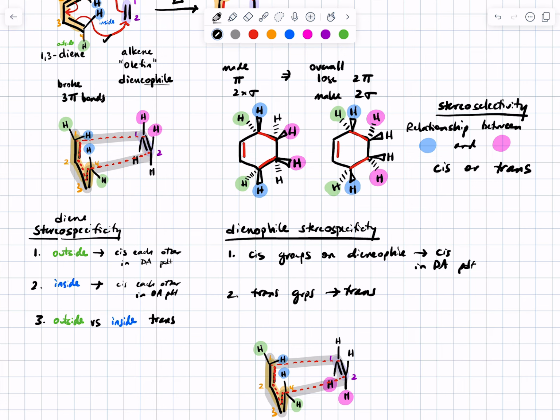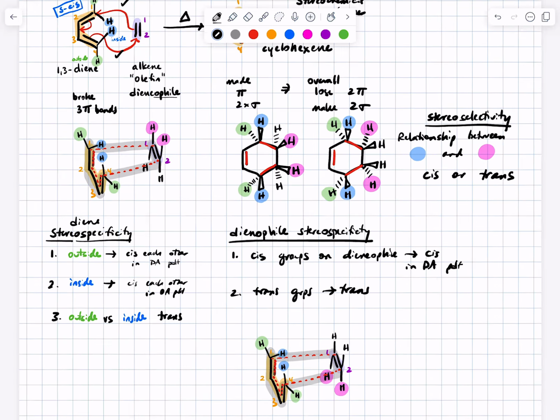So is that like endo and exo? Yes. If you've read about endo and exo, that's the stereoselectivity issue is always the relationship between blue and pink. Yes? Because I was getting a little confused on the difference between like enantiomers and exo and endo. Yes. We'll talk about that. We will see that in some cases it's impossible to assign endo versus exo, and I'll show you when you can talk about it. But endo and exo is always an issue of diastereomers.